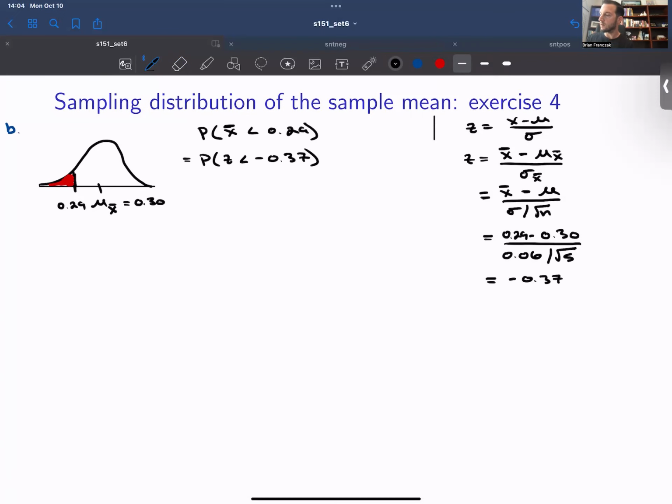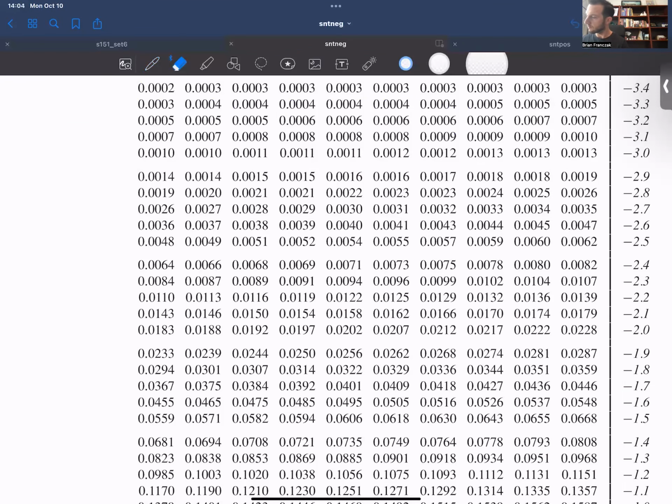We have a z-score now, so we go to our standard normal table. Okay, so we have negative 0.37. So that's negative 0.3 over to 7, come down and intersect them. That's 0.3557. All right, so the probability that x bar is less than 0.29 is equal to 0.3557.